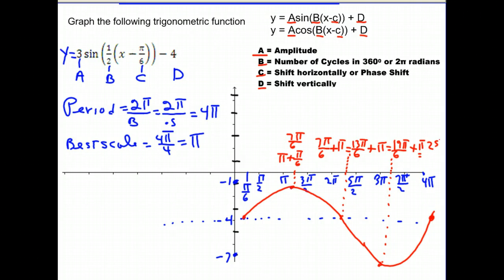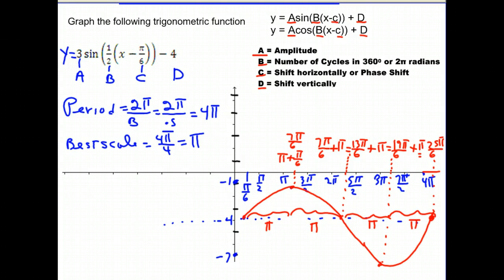That's 25 pi over 6, and that would be this point right there. And the important part to notice here is that from the maximum point back to the midline is pi units. From the midline to the minimum point is pi units. And from the minimum point back to the midline is pi units.